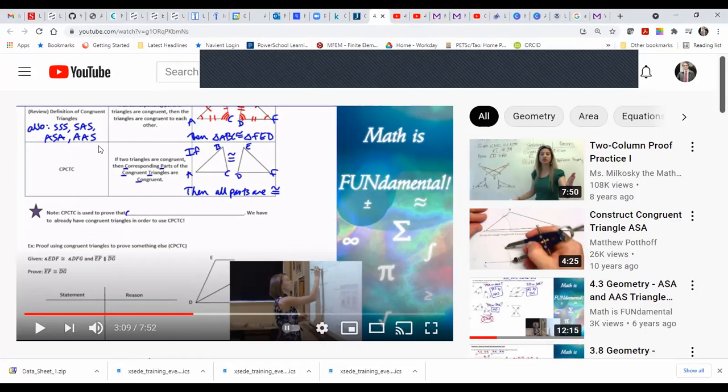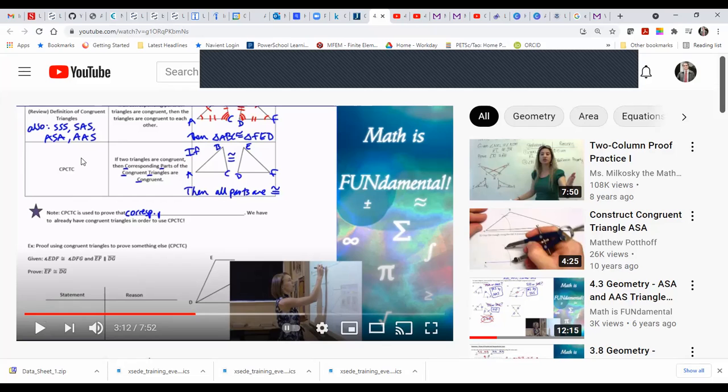Yeah, so the lesson four is to review the definition of the congruent triangle. Okay.